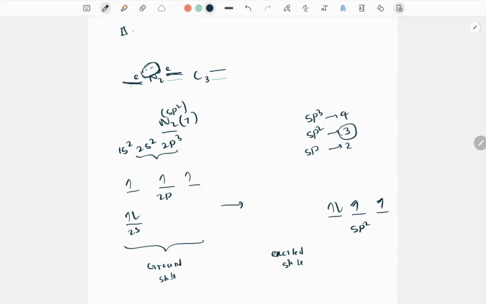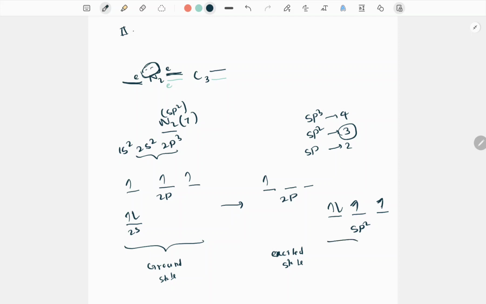You know, for this hybridized orbital, 1 electron is donated by this nitrogen. These are the electrons, these 2. Then where is the other electron present? It means the electron in this pi bond given by nitrogen remains in one of these 2p atomic orbitals.